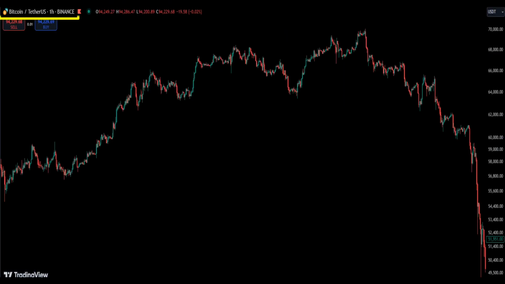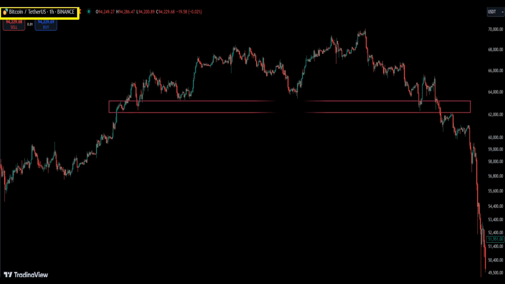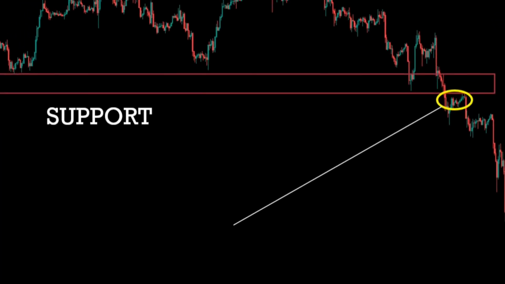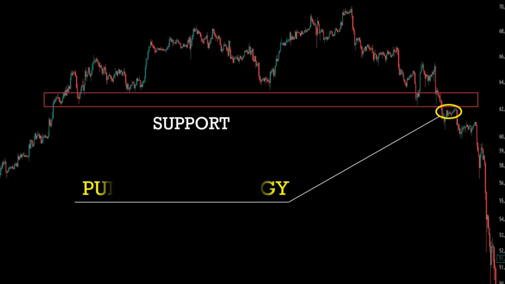In the Bitcoin to Tether chart with a 1-hour time frame, we identified a strong support zone. As you can see, this support zone was broken with strength. And since the price usually tends to retest the broken level, a pullback occurred to this zone.